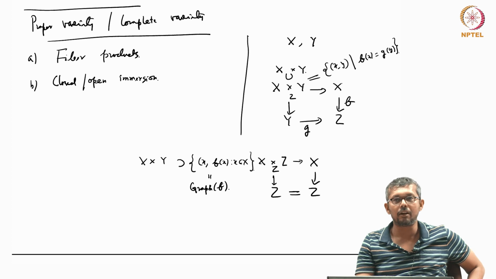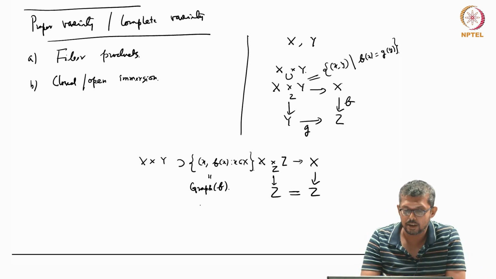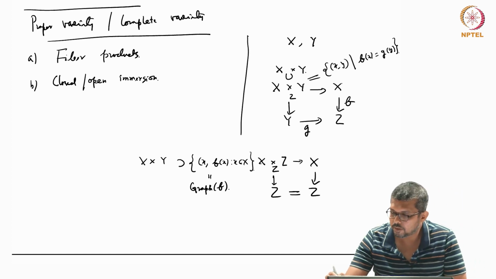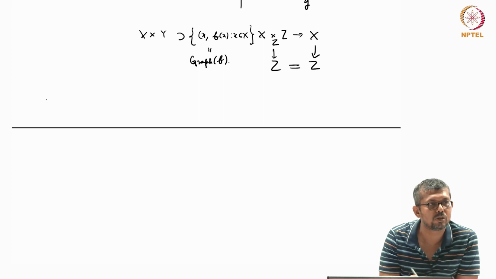This is how you define the graph of a function. Now the point is that if f is a morphism, then this is a closed immersion.